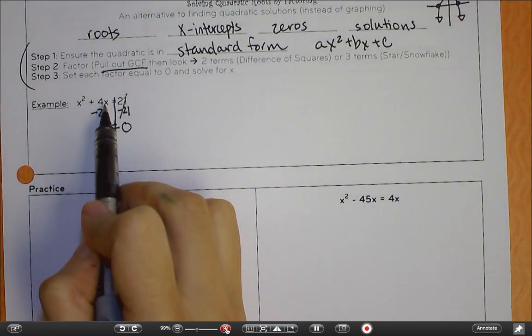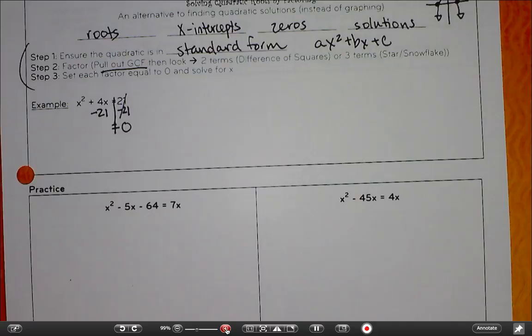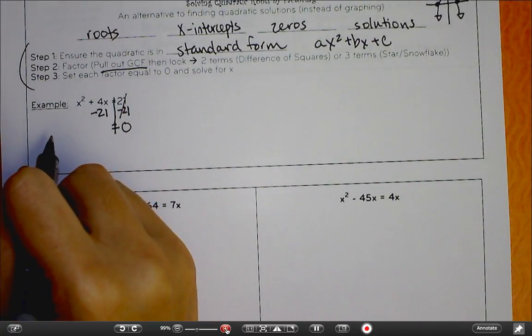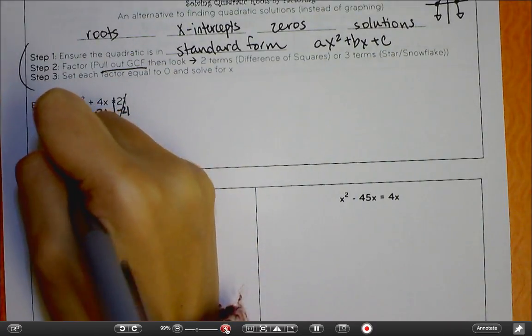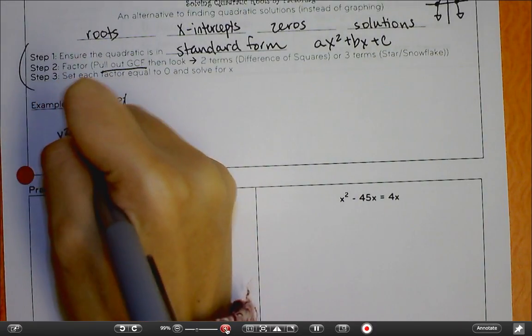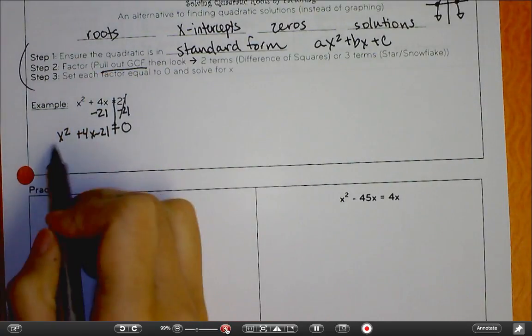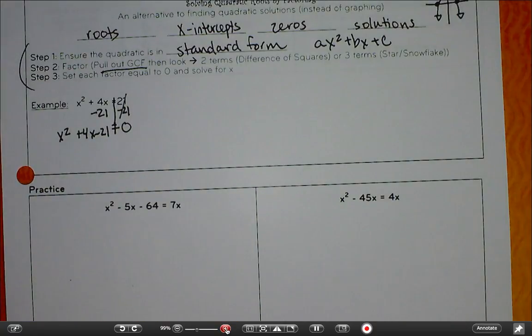X squared, x, and 21, they're not like terms, so I cannot combine them. So I'm going to rewrite the entire form back down next to 0. So I have x squared plus 4x minus 21 equals 0.